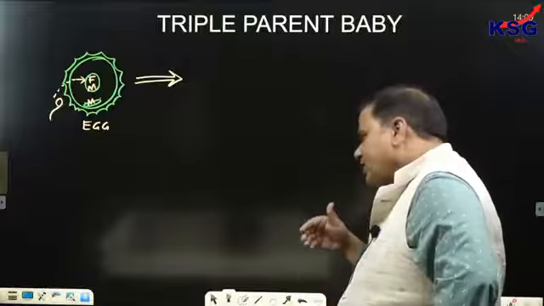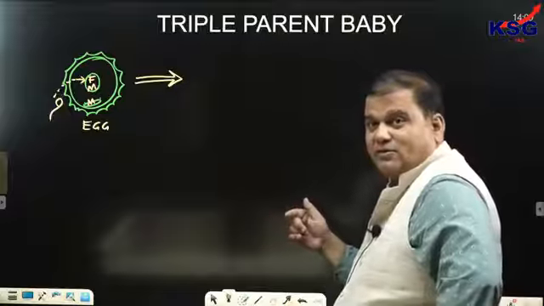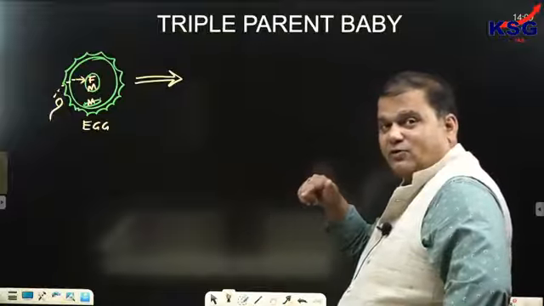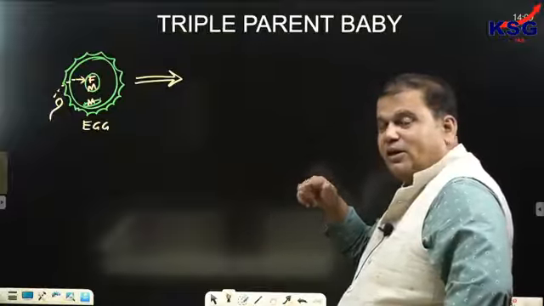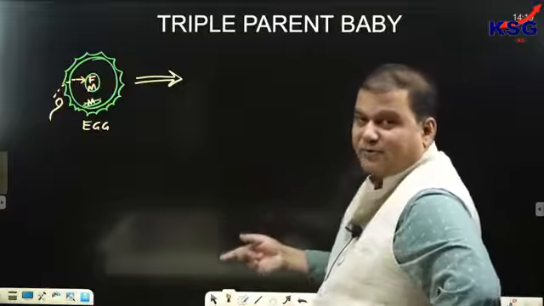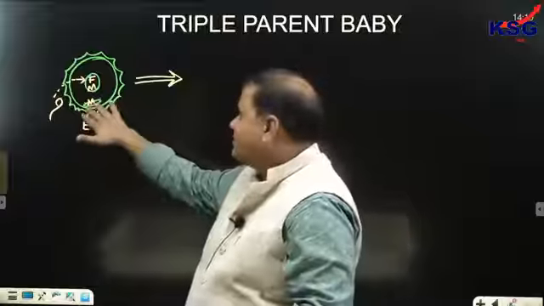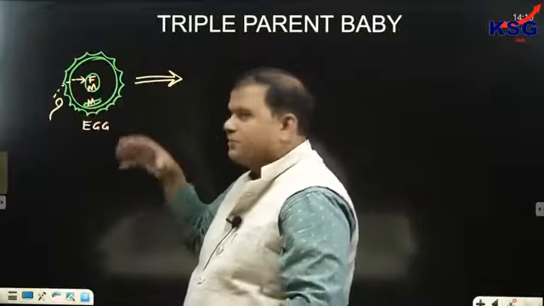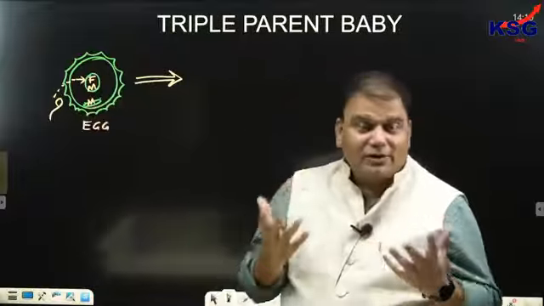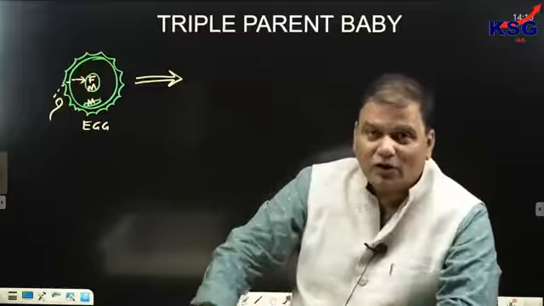If a lady is also suffering from this disorder, she has a dysfunctional mitochondrial DNA in her body. And if she reproduces, then the same disorder is transferred from the mother to the child. I'm saying that in me also, the mitochondrial DNA belongs to my mother. In you also, the mitochondrial DNA belongs to your mother.